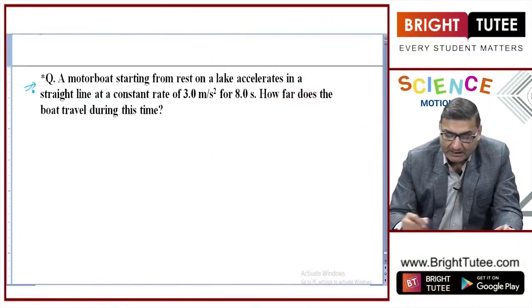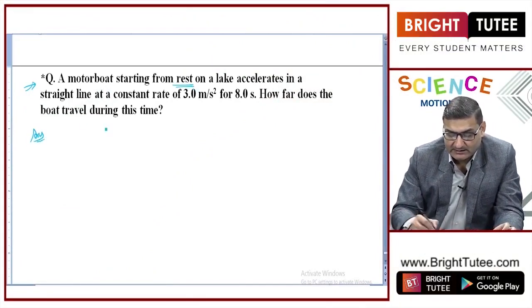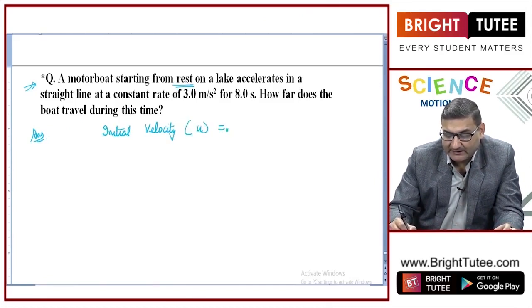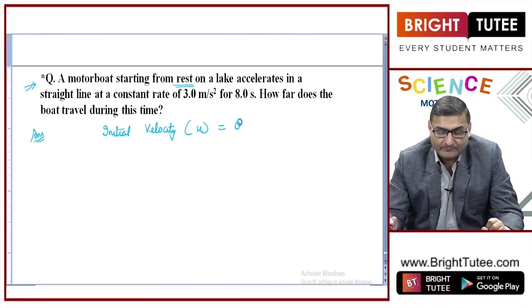Let us see. A motorboat starts from rest. If the motorboat is starting from rest, we have done many questions, so we easily know that it means the initial velocity is to be taken as 0.